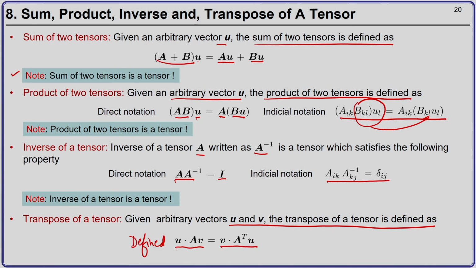If a tensor, for any arbitrary vectors u and v, satisfies this property, then this is called the transpose of the tensor A. So, the transpose of a tensor is also a tensor.